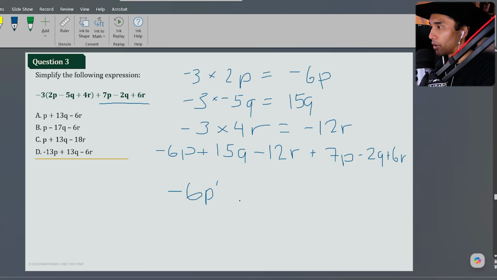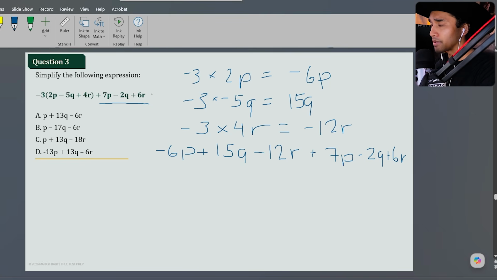It's an exponent of 1. When I say negative 6p squared, that's a power of 2. And then I have negative 6p cubed, that's a power of 3. Okay, and this one is the highest power out of all these. The higher the number, the higher the power. And I will not be going over negative exponents.